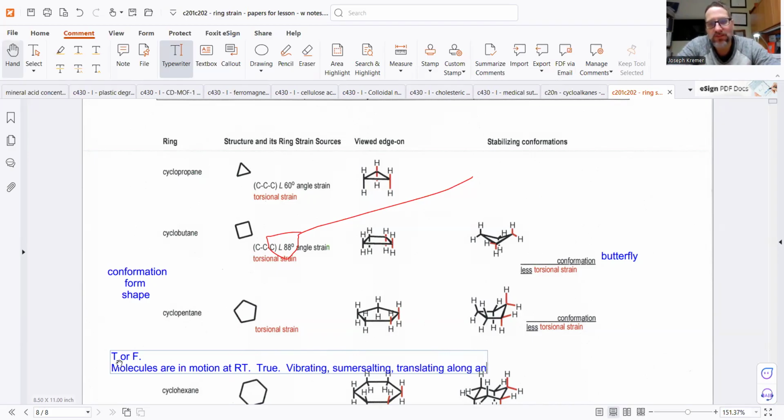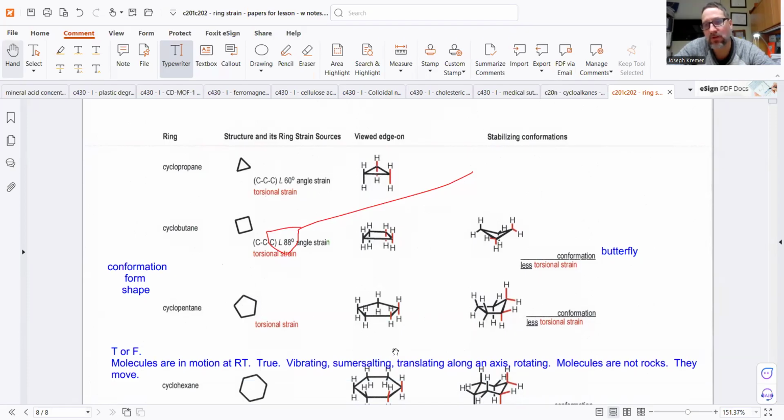They're rotating, and you name it, they're doing it. Molecules are not rocks. They move. You think the plasma membrane in your cells is a static rock? It is not. It's jiggling, it's jostling, it's moving. Molecules are in motion.